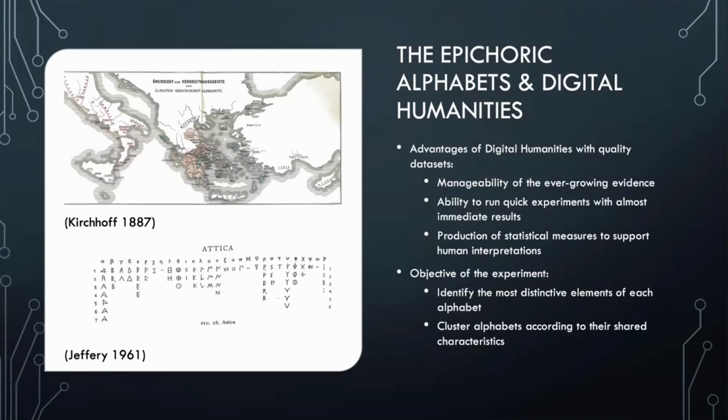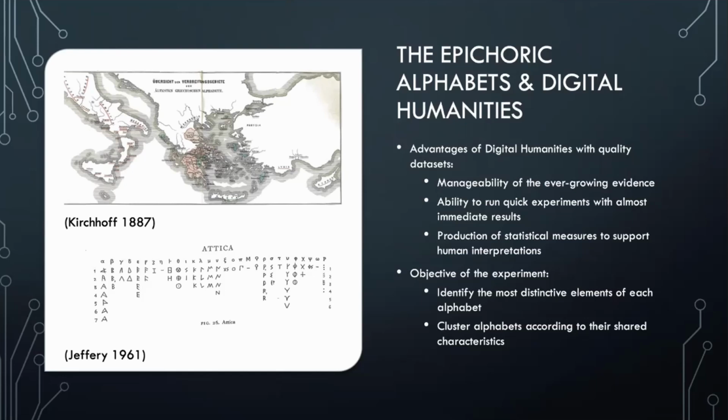Then in the 1960s, Jeffery and Guarducci produced their own studies on the epichoric Greek alphabet. At that time, doing this kind of research involved reading and analyzing hundreds of inscriptions only with the help of the human eye, multiple notebooks, and a typewriter.